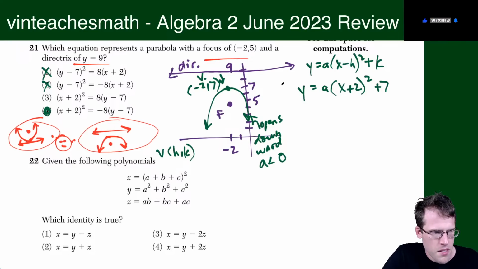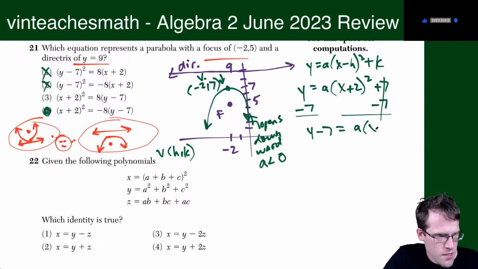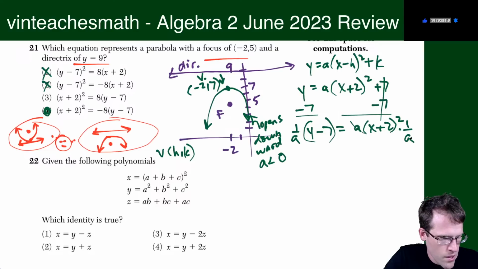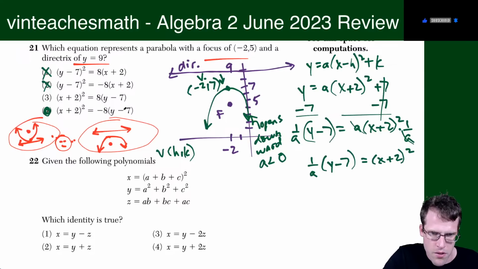If you start solving, y minus 7 equals a times x plus 2 squared, I could multiply both sides by 1 over a. See how a over a cancels, and now I have 1 over a times y minus 7 equals x plus 2 squared. But once again, a has to be less than 0.